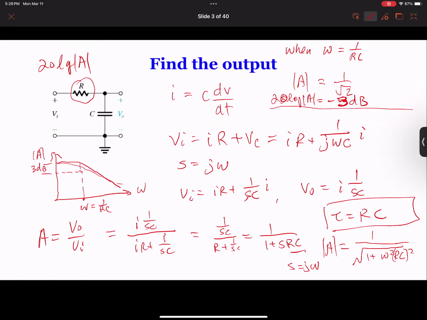In the future, you will hear this very often. They call it 3 dB. So 3 dB means there is a gain drop, a little bit but not too much, a 3 dB drop.